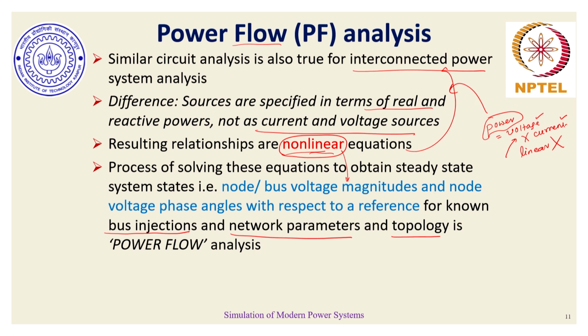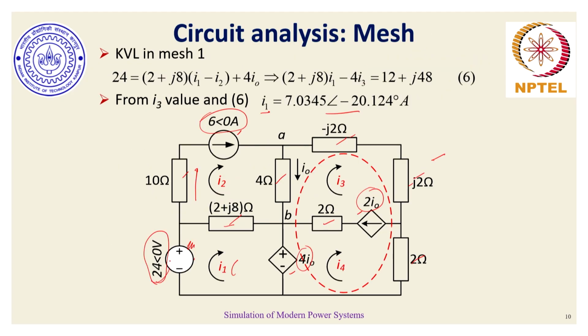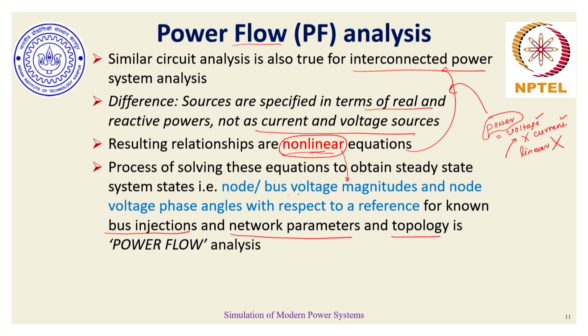And since we are talking about AC networks, we will have a phasor domain representation where every voltage will have its magnitude as well as a phase angle, as we saw for the case of this 24 at an angle 0 voltage source. Once we know those voltages, the corresponding magnitude and phase angle, we can then find all other currents, all other losses, etc. Again, all this is being done with respect to a reference.